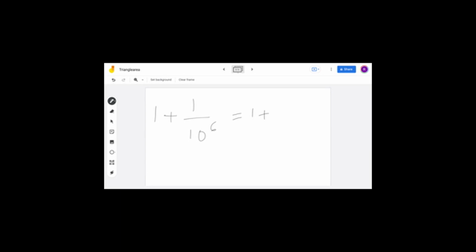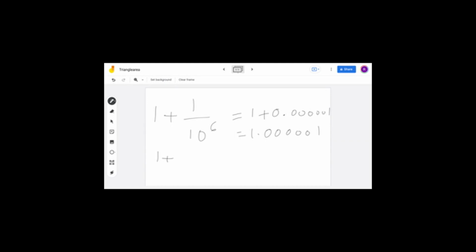How much is 1 over 10 to the power 6? 10 to the power of minus 6. Yeah. If I write it in decimal, how much will it be? Yeah, exactly. So it is 1.0000001.